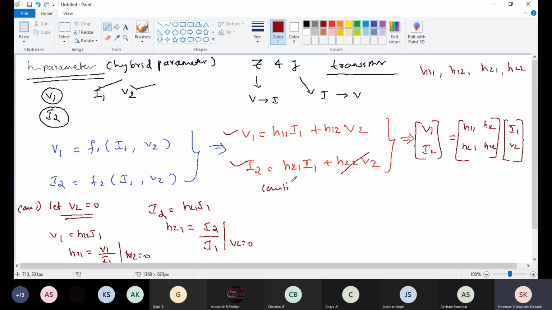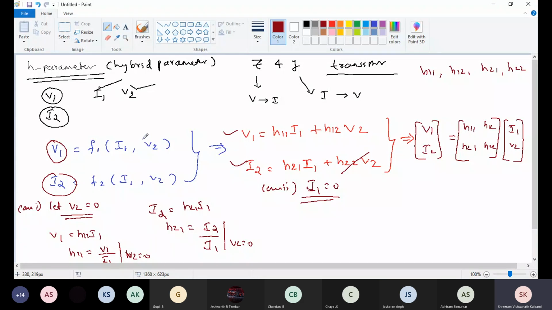Then coming to case 2, I1 equals 0. Always, for writing Z parameters, Y parameters or H parameters, the independent variables we make 0. Here V1 and I2 are the dependent variables, depending on I1 and V2, and I1 and V2 are the independent variables.